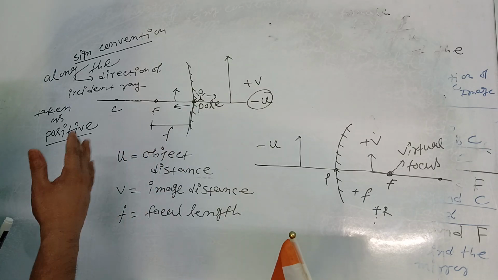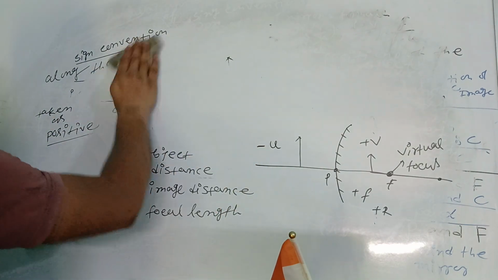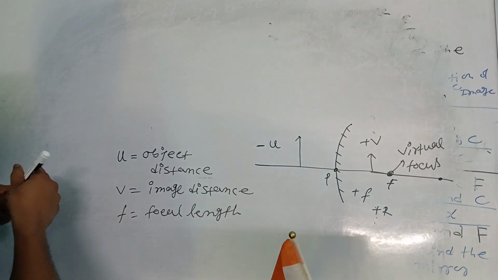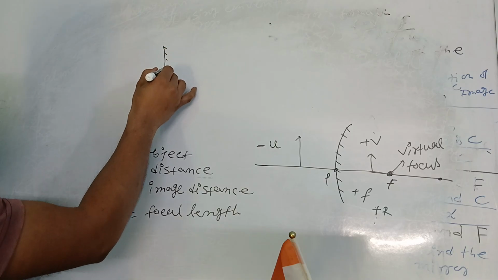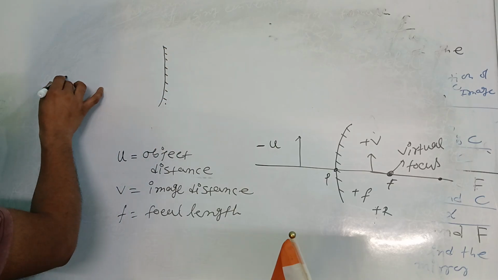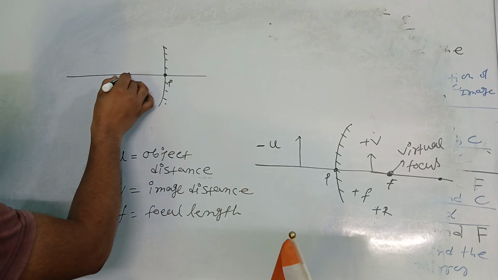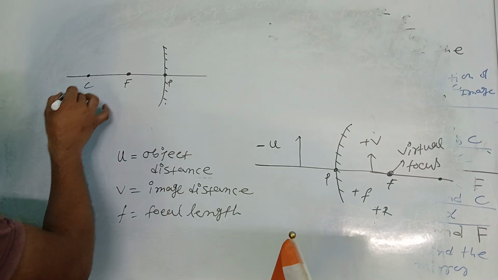In the case of a concave mirror, let me draw it again, you also draw. This is the concave mirror, this is the pole, this is the focus, and this is the center of curvature.